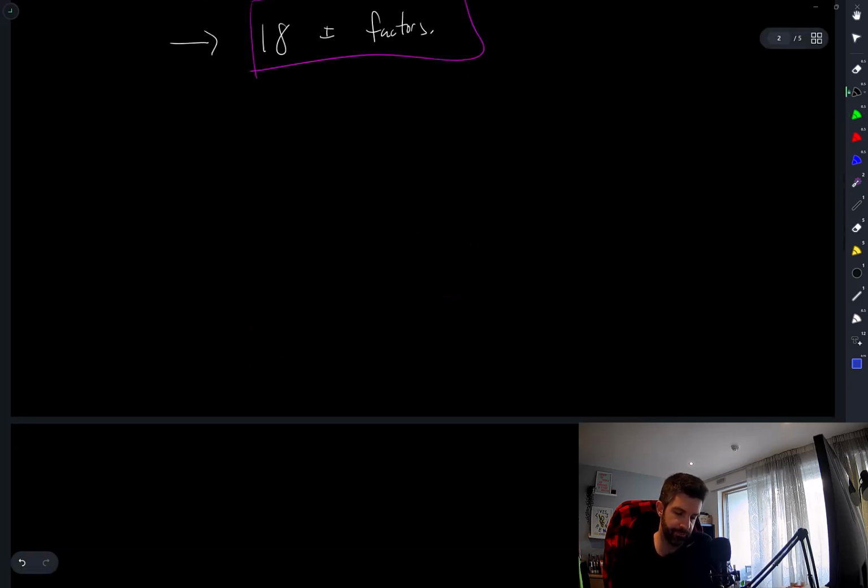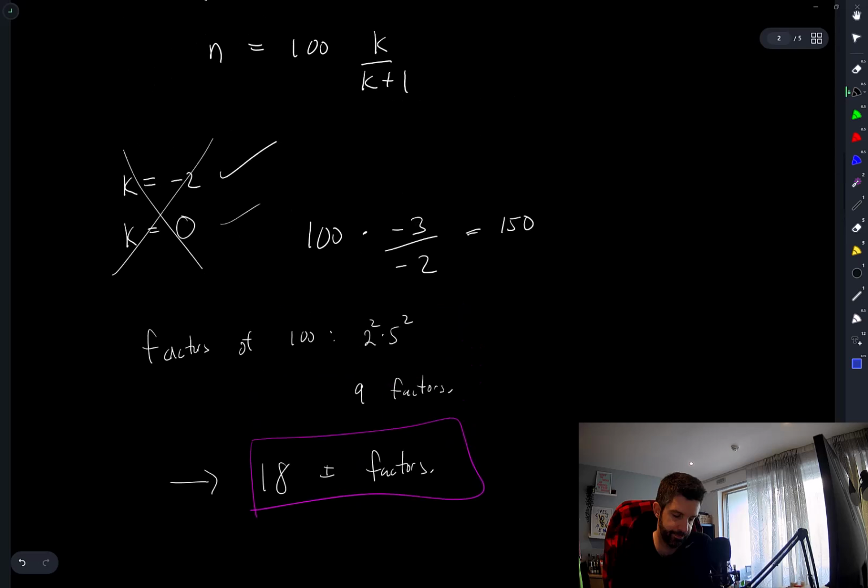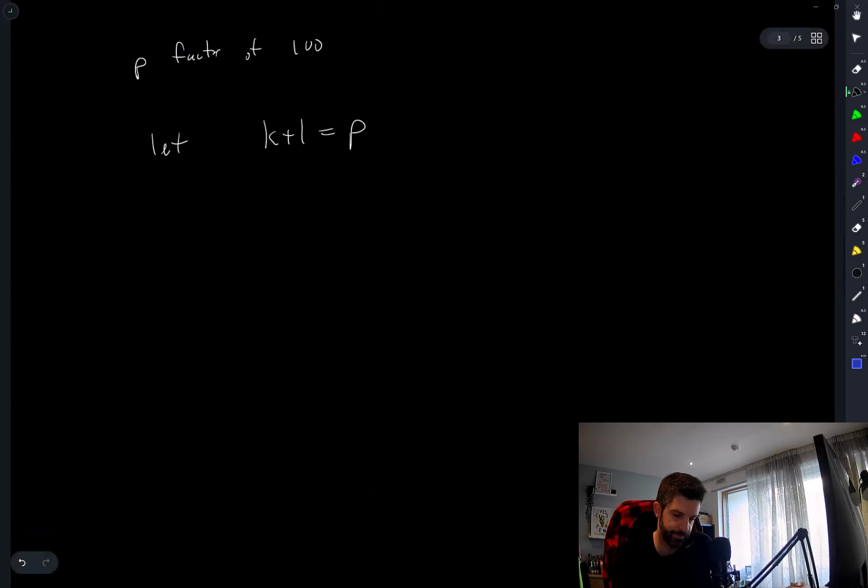So if p is a factor of 100, then let k plus 1 equal p. Then n is equal to 100 times k over k plus 1.